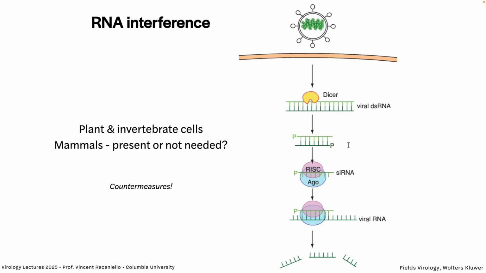This RNA will be complementary to other viral RNAs in the same cell, so it will bind to it. So that RISC complex will bind to the viral RNA and chop it up. So that's an intrinsic defense that's always present.